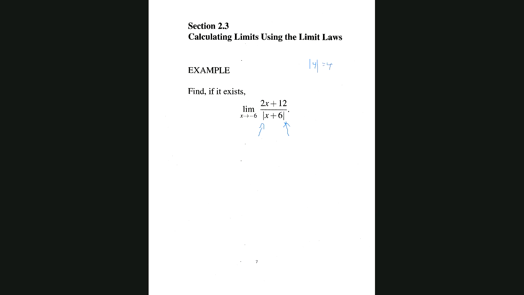The absolute value of negative 4, and this is not related to the problem, what's the absolute value of negative 4? Positive 4, okay. All right, let me give you a moment to copy this problem down, and then we'll see how to deal with it.